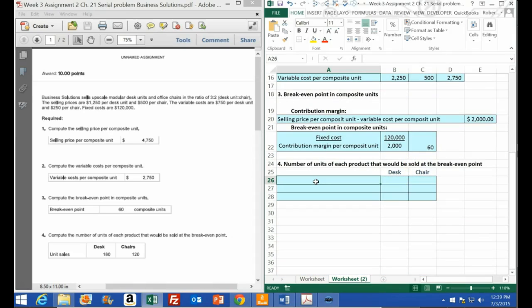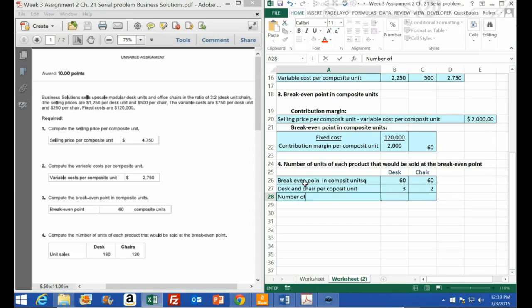So if we were going to do this calculation, we have the break-even point in composite units, and that is 60 for both desks and chairs. And then the number of desks and chairs per composite unit is 3 to 2. Every composite unit has 3 desks and 2 chairs.